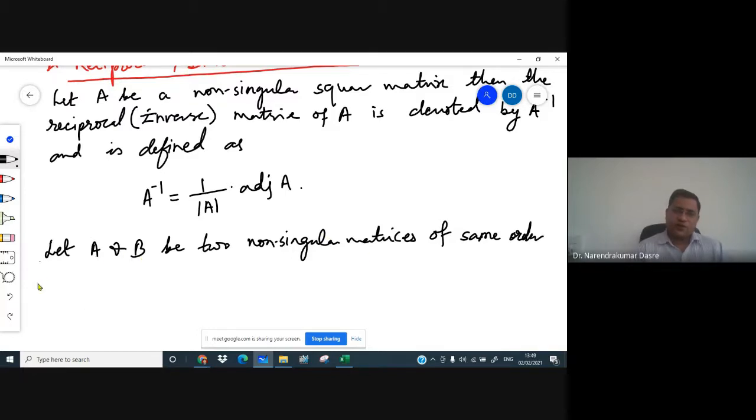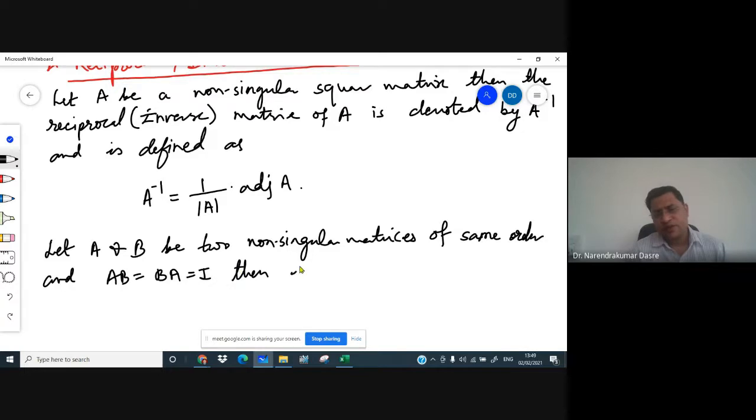A into B is equal to B into A is equal to identity. Their product commutes; this property is called the commutative property. The most important thing is that their product is commuting and the product is the identity.